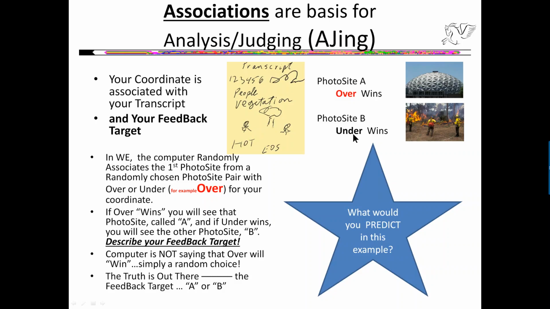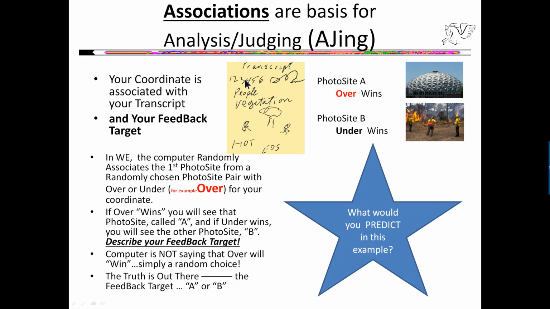Okay, I think you all get that with this example. Well, what if this person had decided to do 2 coordinates, and the second coordinate was 654,321? The way WE is set up, that would be the other side.